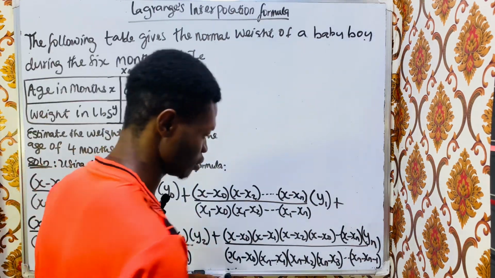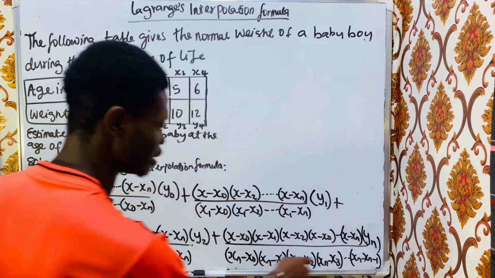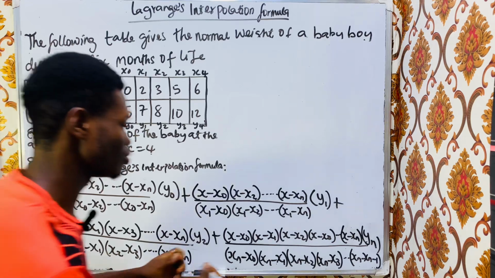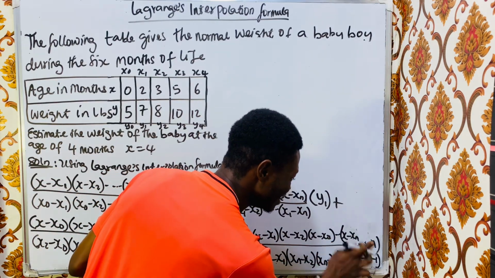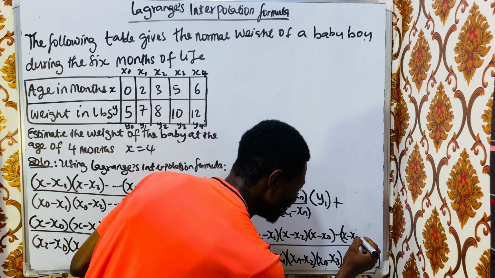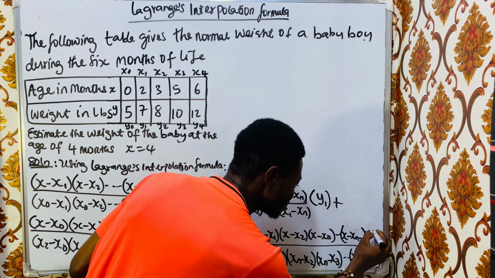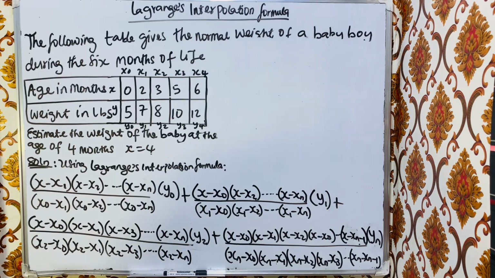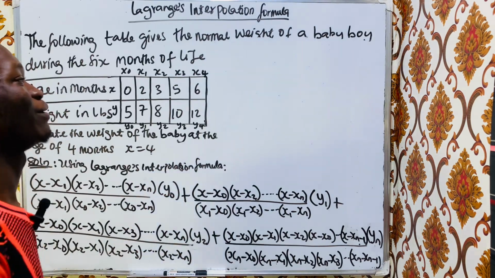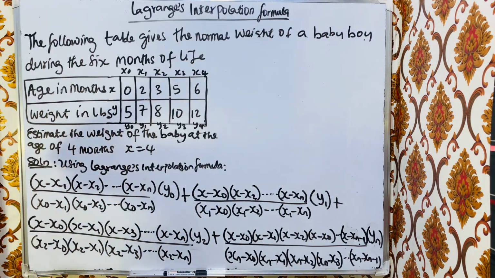You get? So it's minusing this one, xn. Why did I not put minus 1? No wonder this thing entered well. Sorry. xn minus 1, then y sub n. So this is the Lagrange's formula. So you can just memorize it.